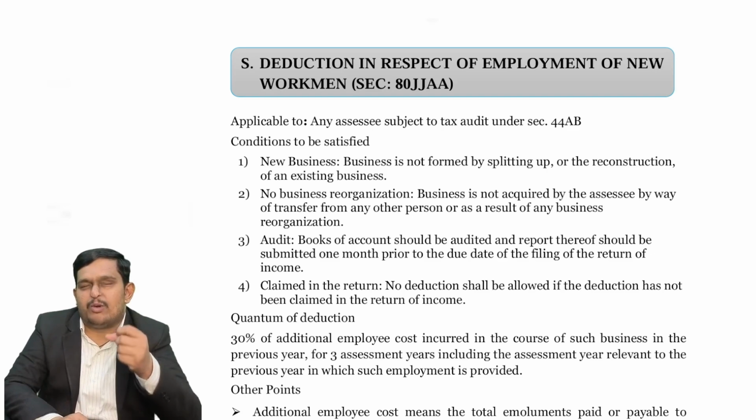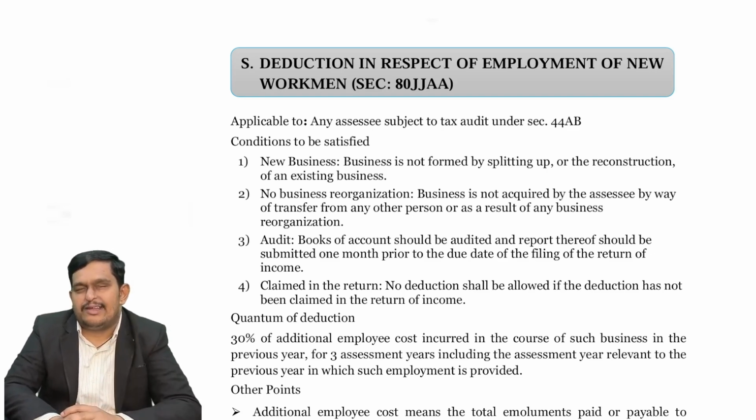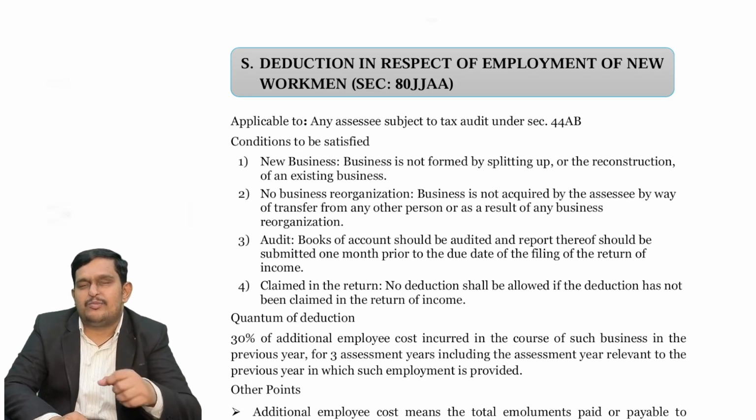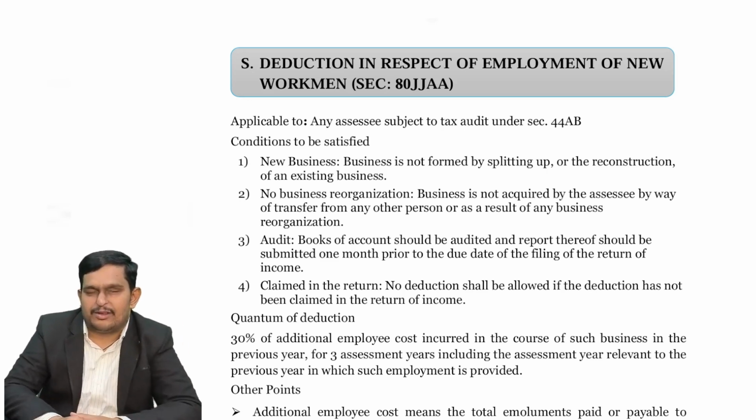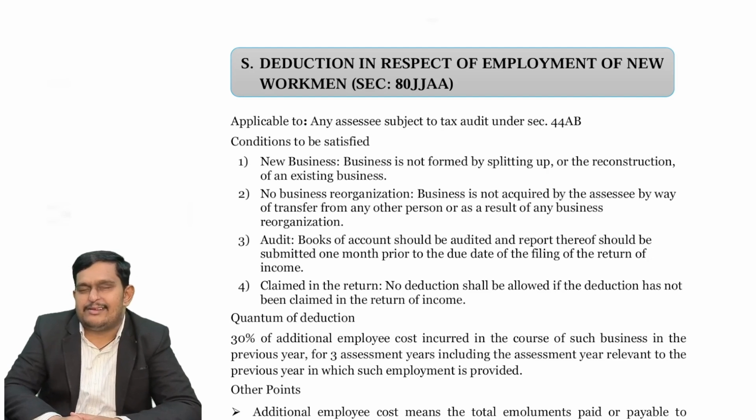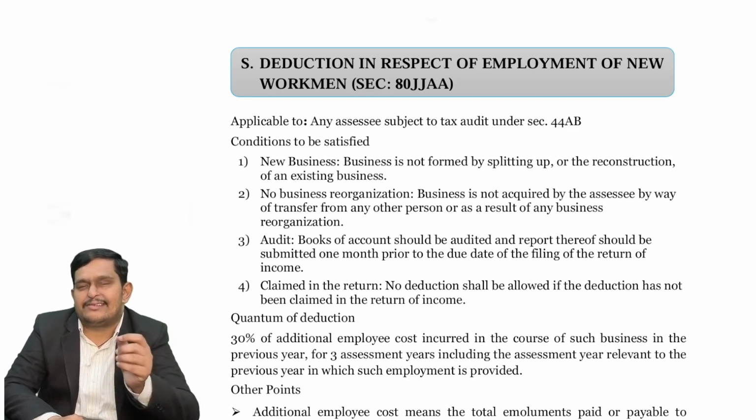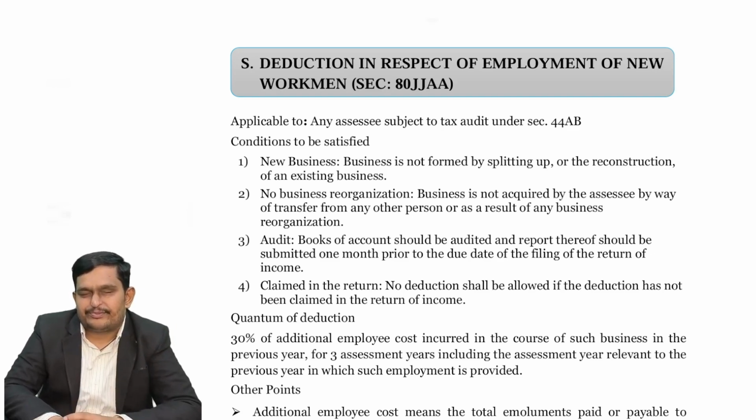Industries should employ more and more people. So industries or businesses should be given incentives to hire new employees. And for that purpose, this section 80JJAA is brought. So this section is in relation to wages paid to the additional employees.